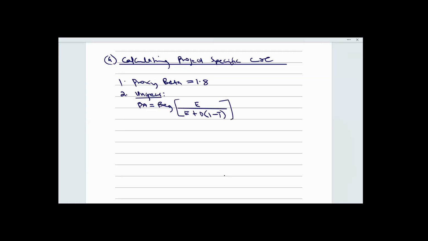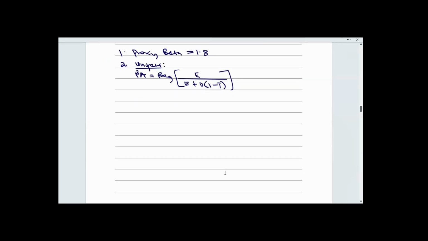So this is the formula to calculate beta asset, or ungeared beta, where debt beta is assumed to be risk-free. So if that is the case, I would then say beta assets equals 1.8 multiplied by, I need to go and calculate equity value and debt value of Costaris, which is the proxy company.